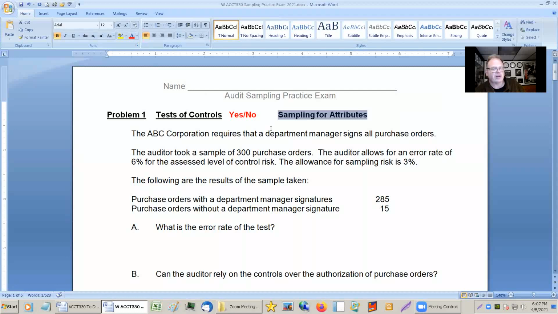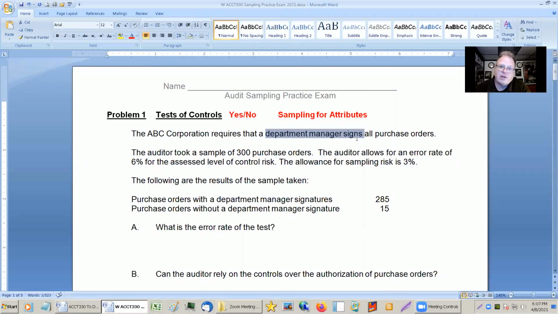For instance, this first one we're going to do is a signature on purchase orders. The department manager signed all purchase orders. It's either yes or no. So you take a sample of purchase orders, they either have the manager's signature or they don't. There are no dollar amounts for tested controls.